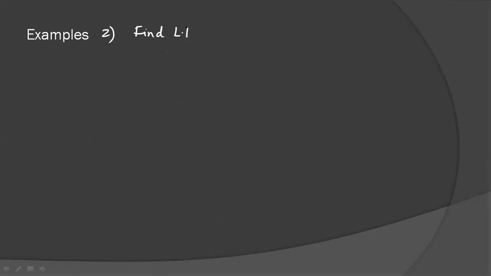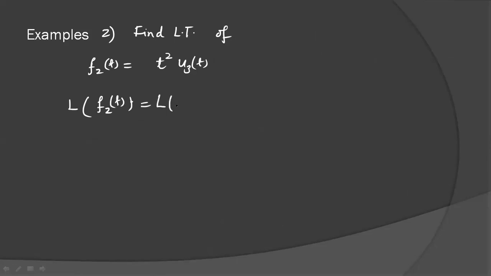Find the Laplace transform of f2(t) equal to t square u_3(t). Now this is given in the unit step function, so very good. We can directly compare it. Laplace of f2(t) is equal to Laplace of t square u_3(t).